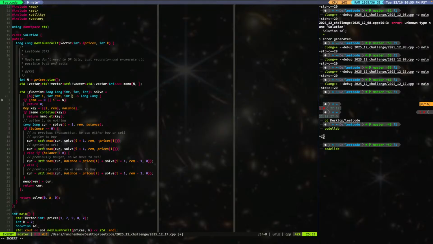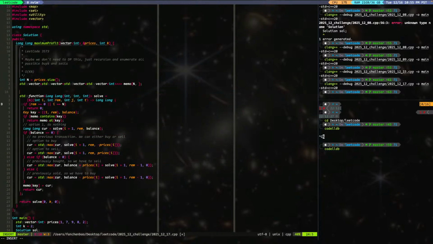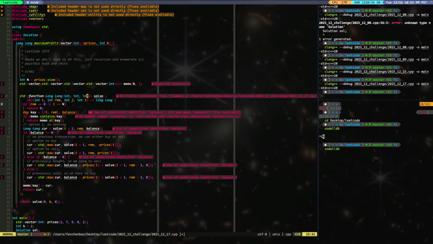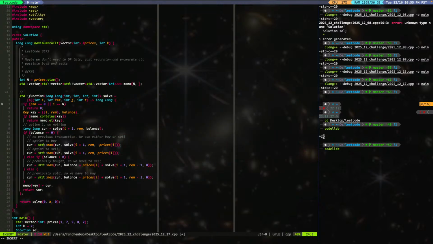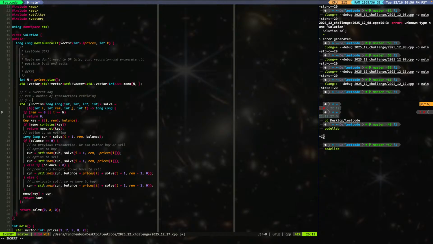So instead of balance, we have J, and we have type. I have a T, right? So basically we say we have to have 4, right? So I equal to current transaction, current day, right? Remaining equals to number of transactions remaining. J equal to previous transaction day.